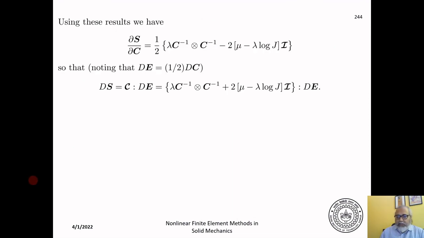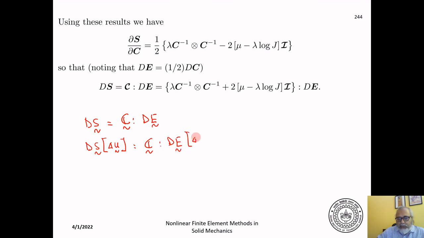Now recall that in our linearized variational principle, we had the material stiffness term which contained dS, which we wrote as C times dE, with the understanding that we are calculating dS in the direction of triangle u. We are dropping the triangle u here, and we have already found this.